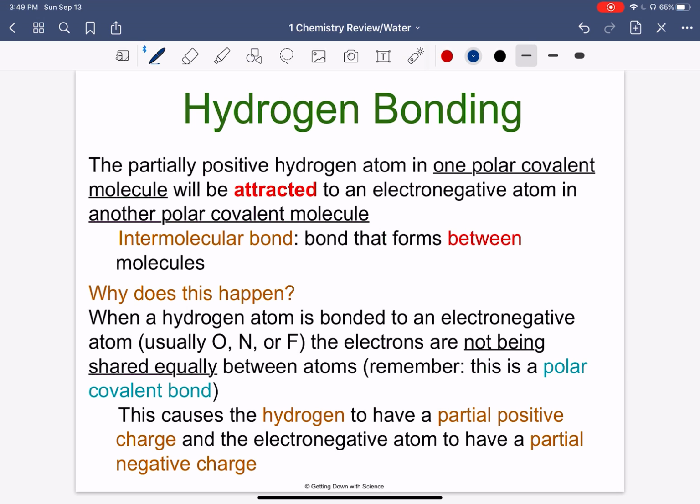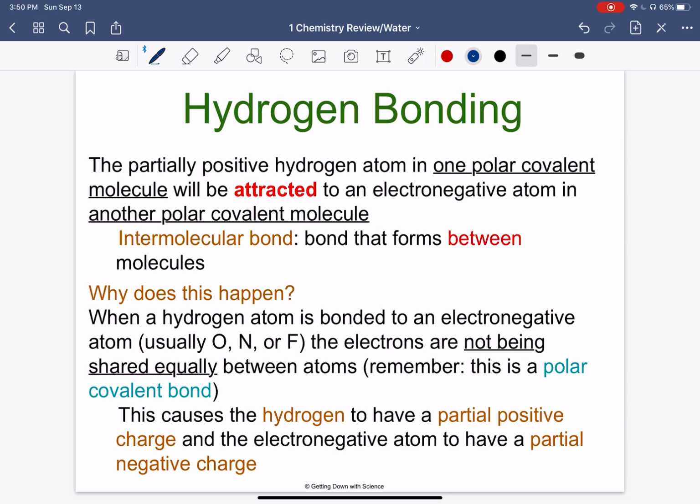There's sort of an attraction between the negatively charged oxygen and the positively charged hydrogen. And so they sort of stick together, kind of like magnets, sort of like what an ionic bond is, except instead of just between one or two atoms, you actually have a bonding between whole molecules.